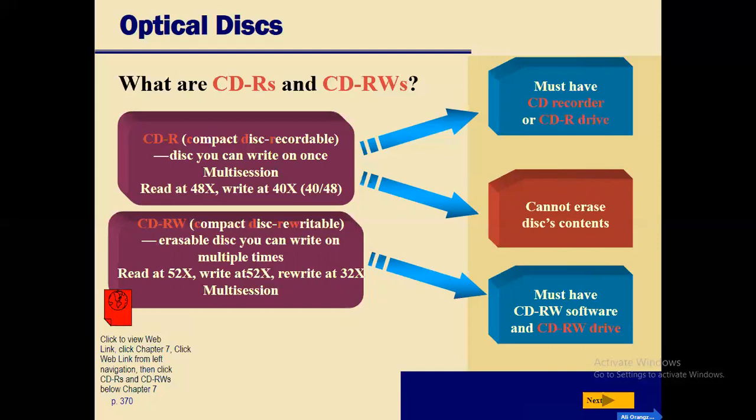Another is the CDRW, and CDRW stands for compact disk rewritable. It is the erasable disk you can write on multiple times. It is a digital optical disk storage format introduced in 1997. CDRW disks can be written, read, erased, and rewritten.